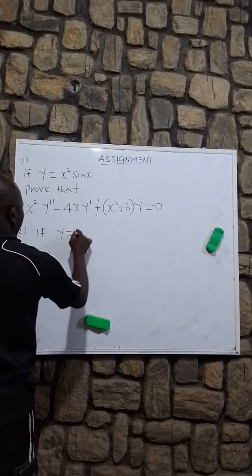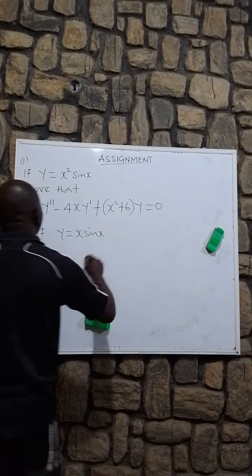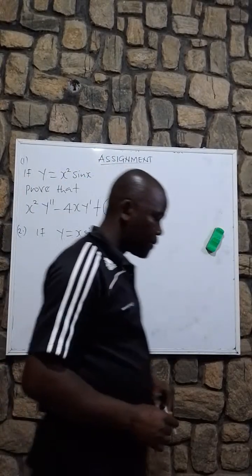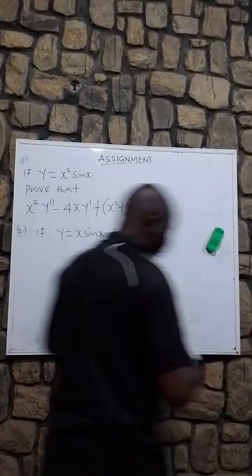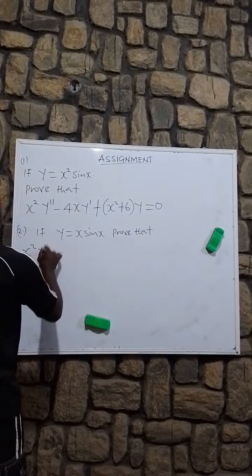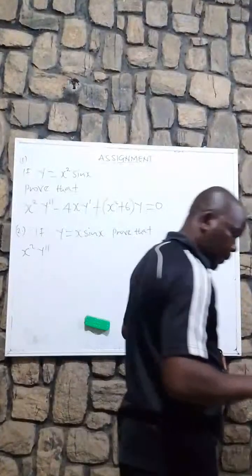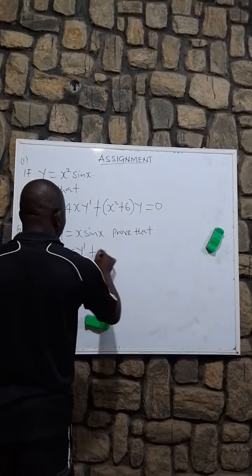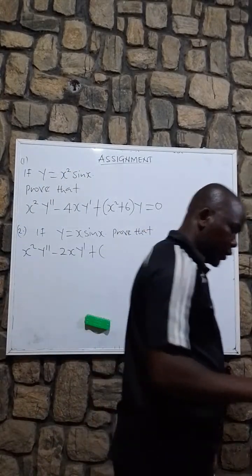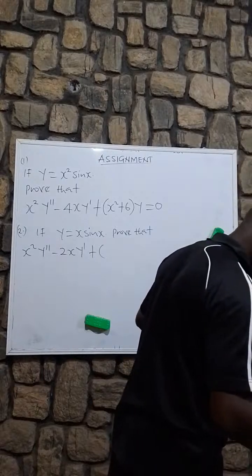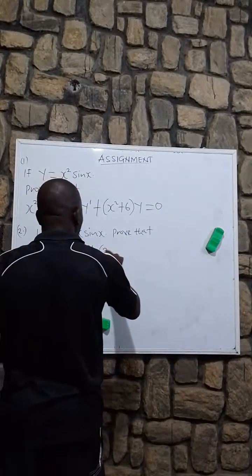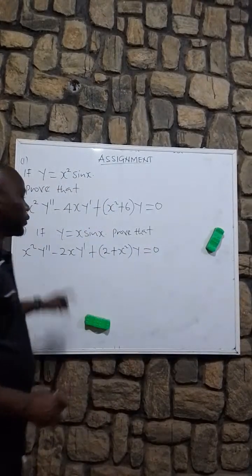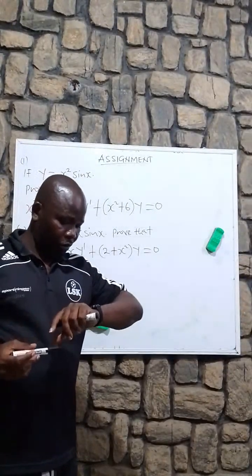If y equals x sin x, prove that x squared y double prime minus 2x y prime plus open bracket 2 plus x squared close bracket times y equals 0. We're going to collect it tomorrow morning. Is that clear?